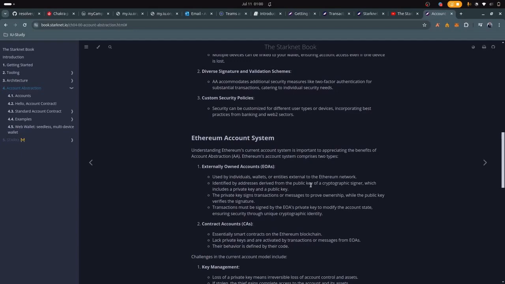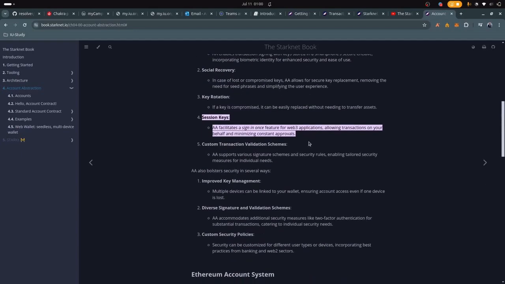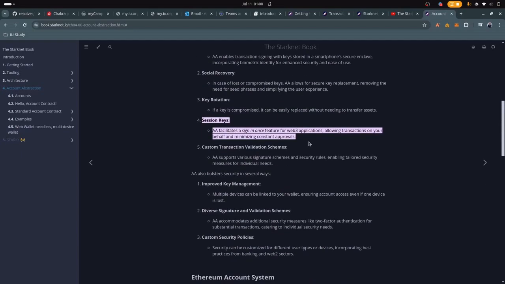We also have the ability to do multi-function calls on Starknet. Multi-function calls means you can call more than one function at a time.